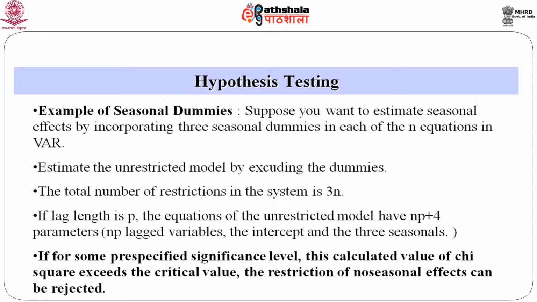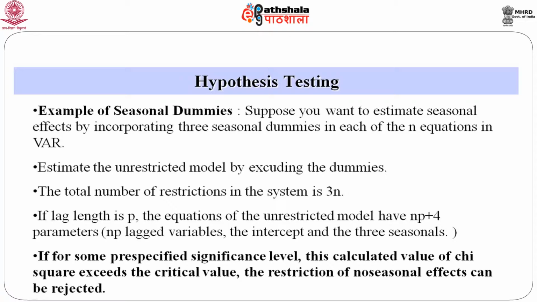Our first approach will be to estimate the unrestricted model by including the dummies. The total number of restrictions in the system is 3n. Now, if the lag length is p, the equations of the unrestricted model have np plus 4 parameters, that is, np lag variables, the intercept term and the 3 seasonal dummies.